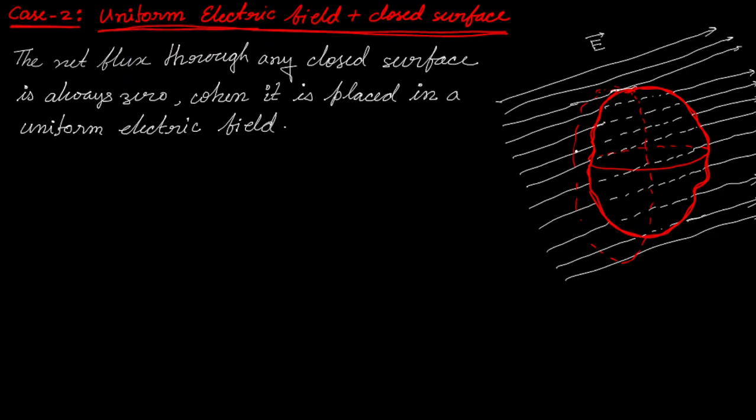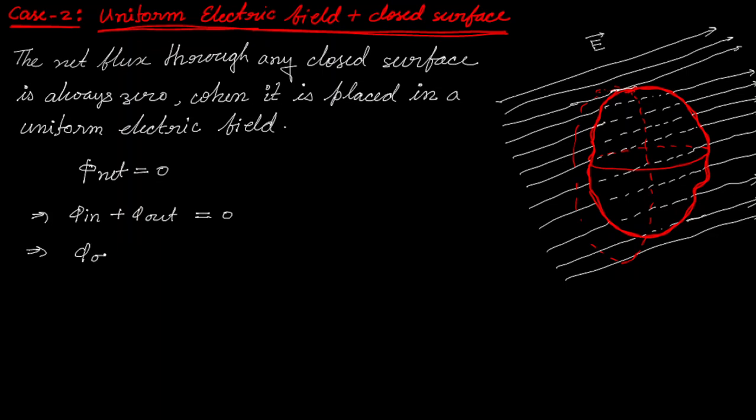You see, in this case, the number of field lines entering the surface, the same number of field lines is also leaving the surface. So the net flux will always be 0. When we say net flux, in this case, flux in plus flux out will be 0.